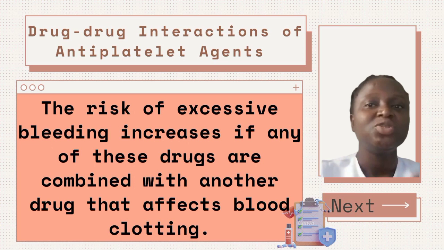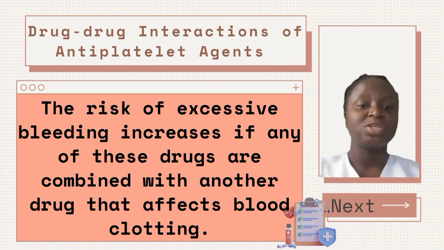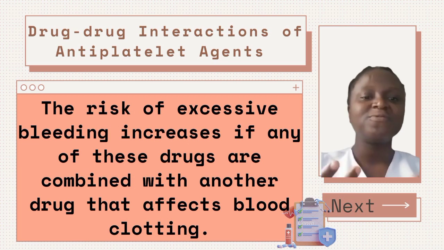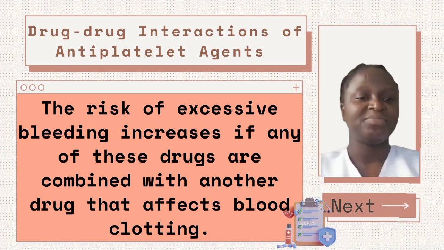Aspirin may interact with a variety of medications, including non-steroidal anti-inflammatory agents and angiotensin inhibitors. All these are examples of drug-to-drug interactions when it comes to antiplatelet agents. Thank you very much. Let's move to the next presenter.